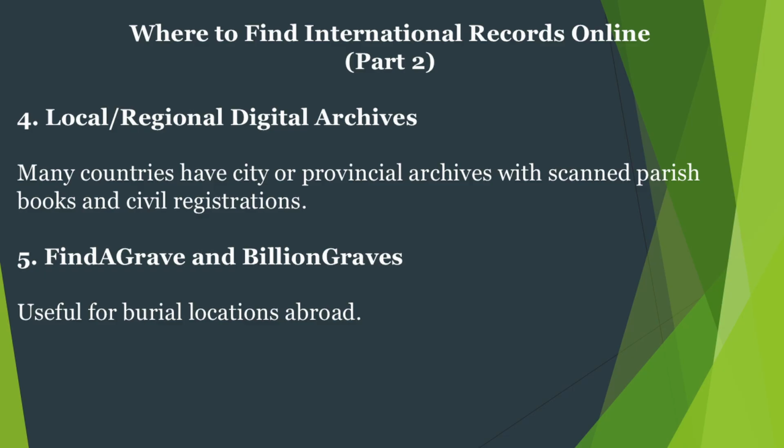Local/regional digital archives. Many countries have city or provincial archives with scanned parish books and civil registrations. And finally, Find a Grave and BillionGraves. They're both useful for burial locations abroad.